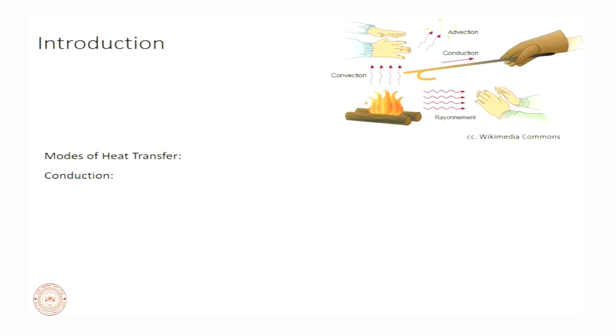Right. With this, we will start our second segment, and we will go into the thermal transport or the heat transfer segment. Okay. So heat transfer is a very well known concept. It is the transfer of energy from a body of a higher temperature to a body of a lower temperature.